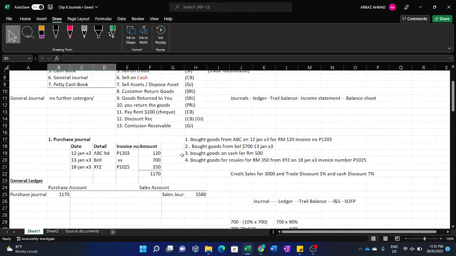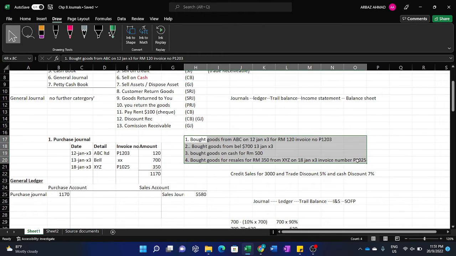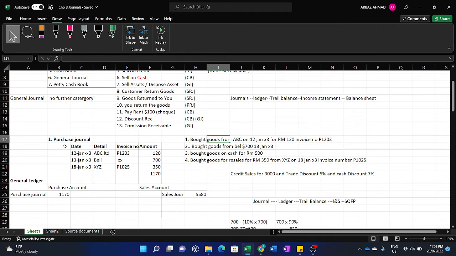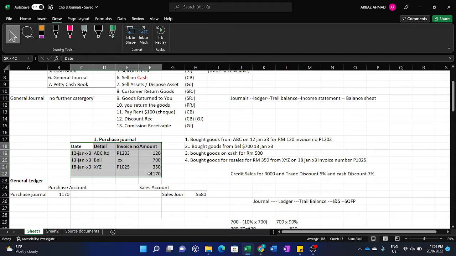And then the transactions are usually given like this. So if you buy the goods from ABC, then you have to post it into purchase journal. So basically the format looks like this. For the purchase journal you can write the title in the middle, and then you can have the format like this. The first column is date, second one is detail, then we have invoice, and then we have amount.